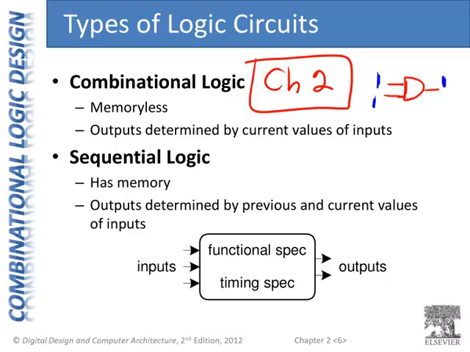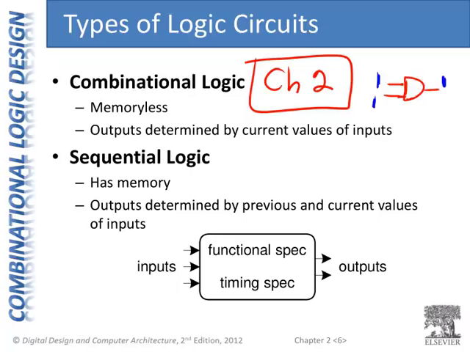Sequential logic, on the other hand, has memory. A good example of a sequential circuit is your cell phone. Once you turn that on, it remembers some of your prior inputs. When you press the contacts button, it remembers that at some prior time you entered contact info for some person, and you can click on that and get their phone number.